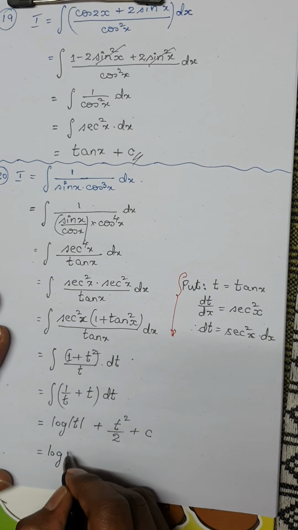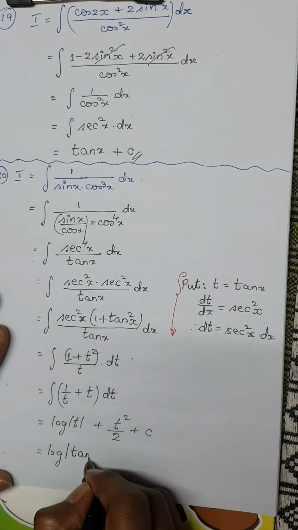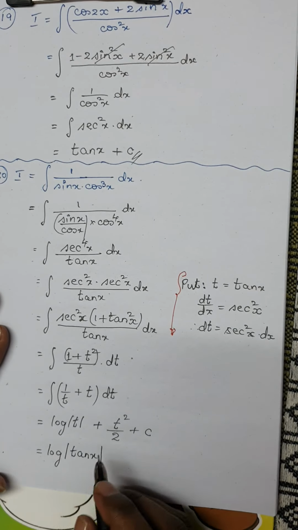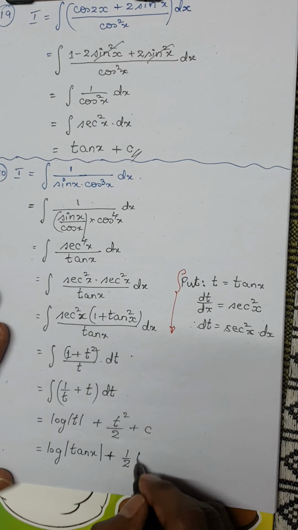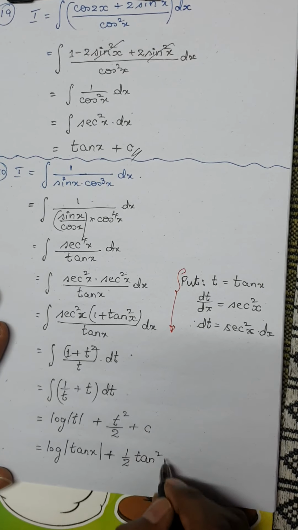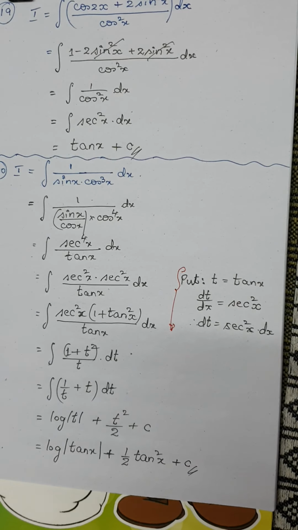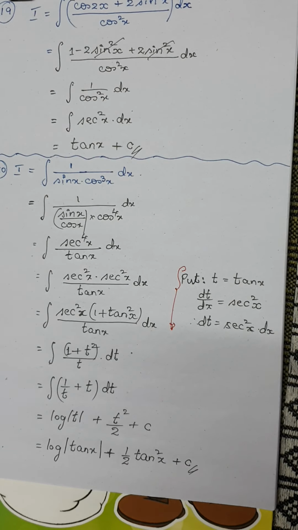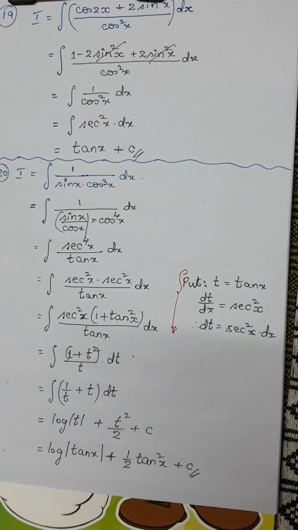What is t here? t is tan x. So log of mod tan x plus half into t square, which I'm going to write as tan square x, plus c, which is the constant of integration. And this will conclude the solution for the above given integral.